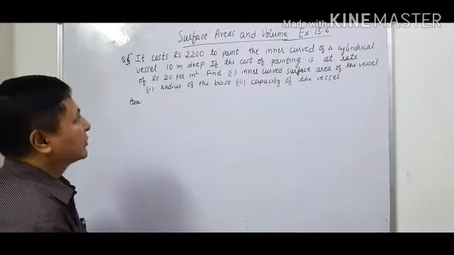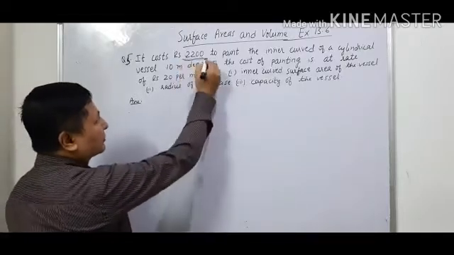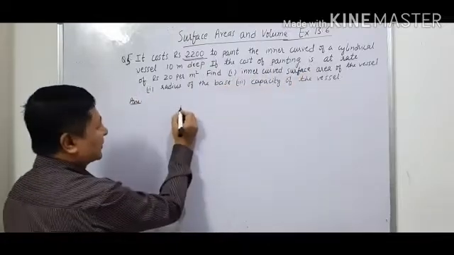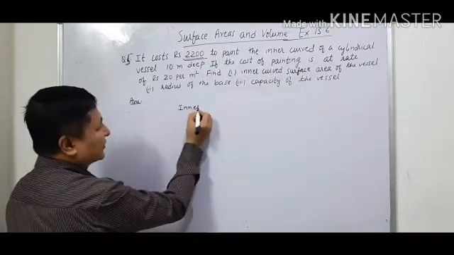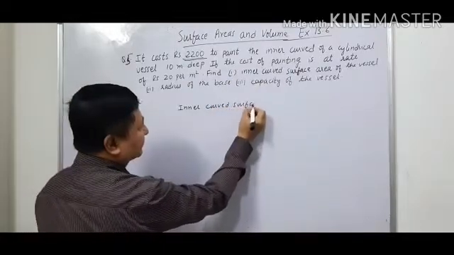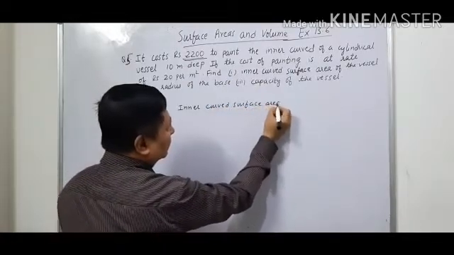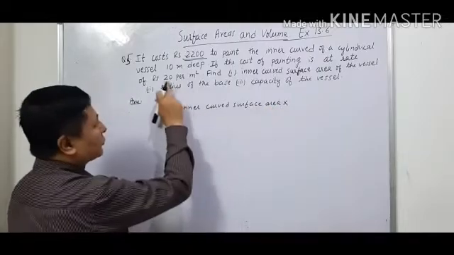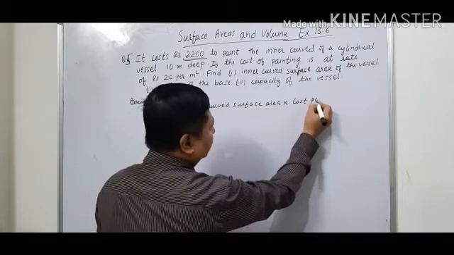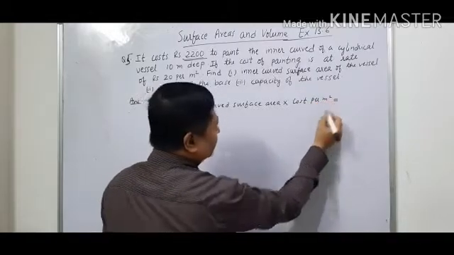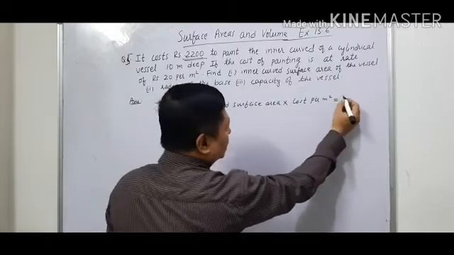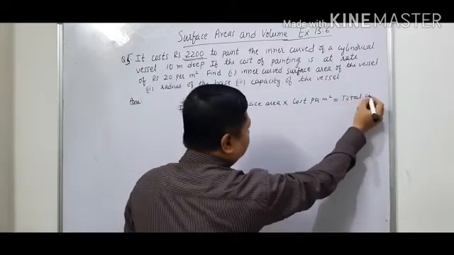It is given in the question that rupees 2200 is used to paint the inner curved surface area. So we will write inner curved surface area into cost per meter square is equal to total cost.